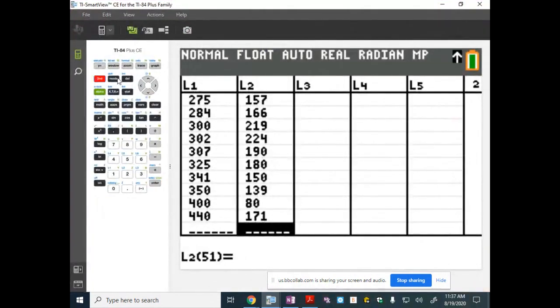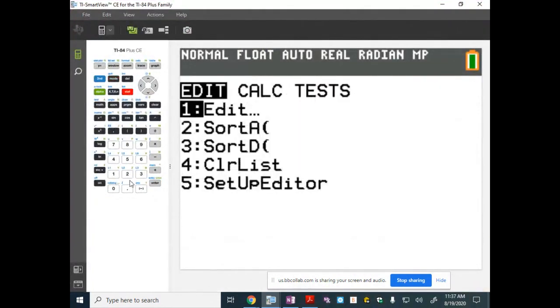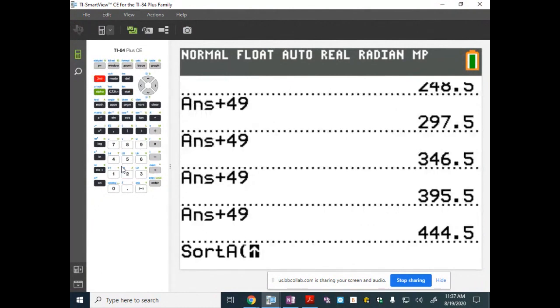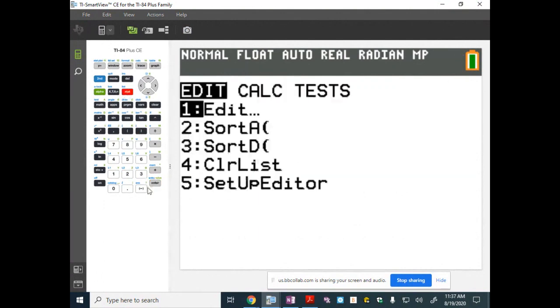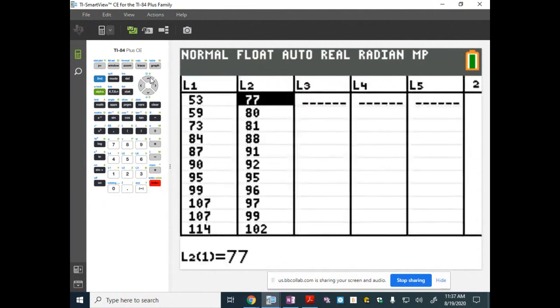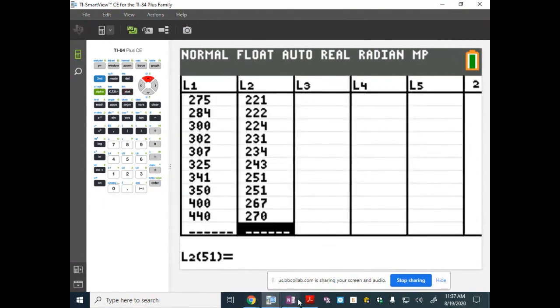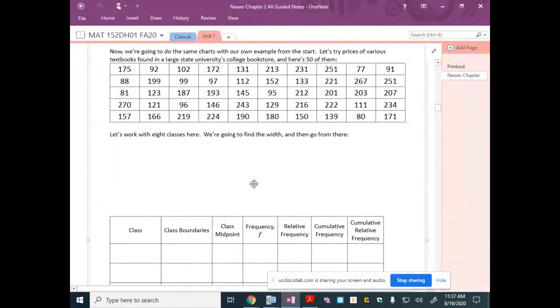All right, so I'm going to sort my list in L2. Now, if you put it in L1, that's fine. So my min is 77. My max is 270.